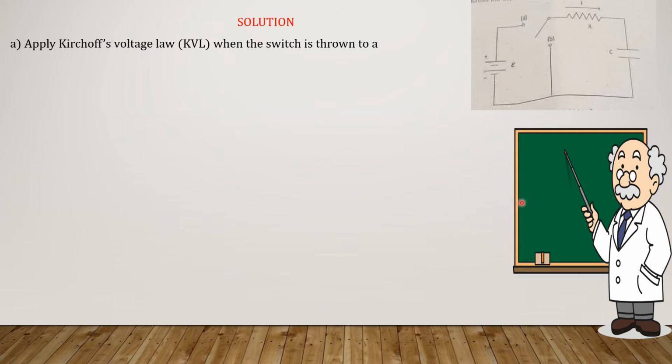Applying Kirchhoff's voltage law, the sum of the potential differences across the components in the loop should be equal to the EMF supplying the loop. So E should be equal to VR, the potential difference across R, plus VC. That is the equation when you apply Kirchhoff's voltage law to that loop.